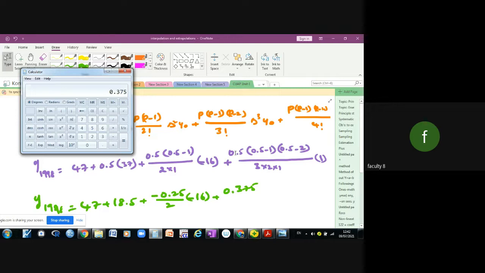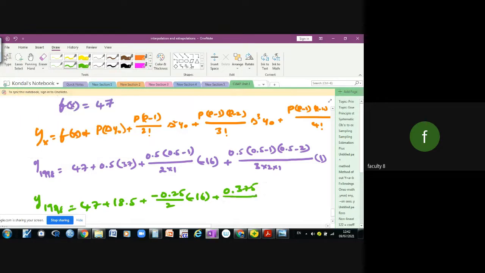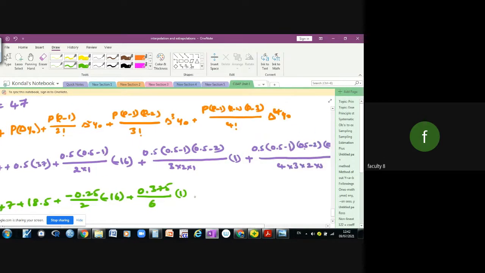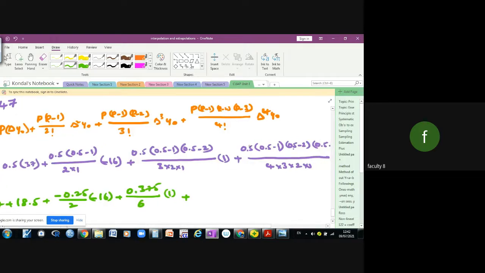That is the plus. So plus into minus is minus, minus into minus is plus. So 0.375, so divide by 2 into 3 into 2 into 1. So 2 into 3, 6 into 1. That is the 6. So here 1. So you can write 1. Then plus. So here, same. Plus into minus into minus, plus into minus.